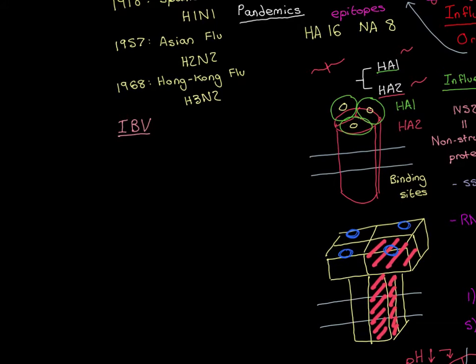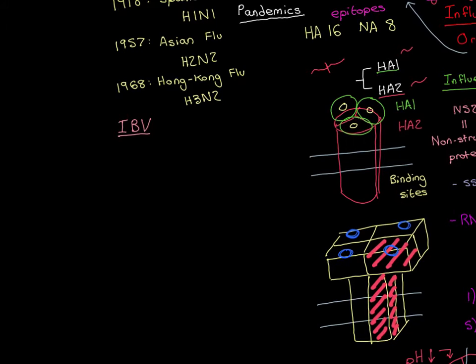So what this is telling us is that if you look at every single influenza B virus on the planet, and you look at its hemagglutinin molecules and its neuraminidase molecules, they're reasonably similar in all the different strains of influenza B viruses. There is not as big a variation in the structure of the hemagglutinin and neuraminidase proteins in the influenza B virus population as there is in the influenza A virus population.